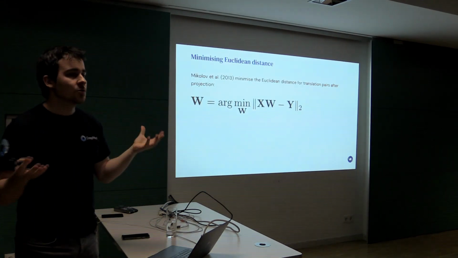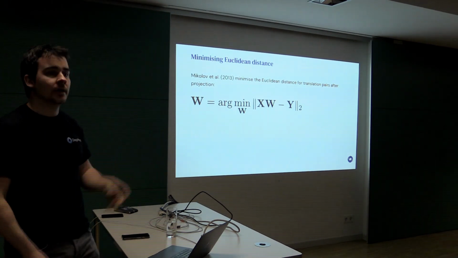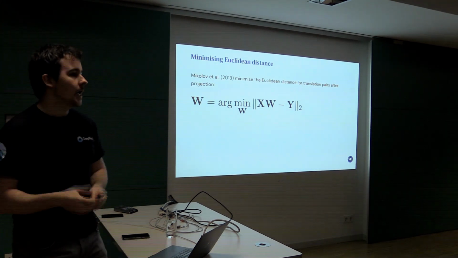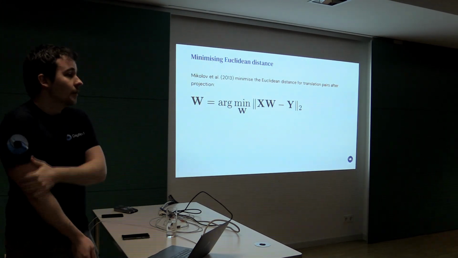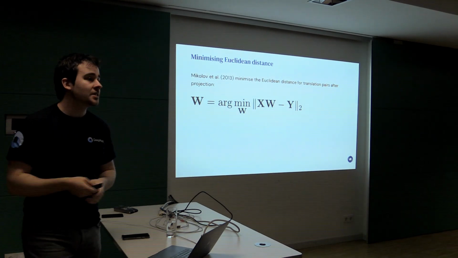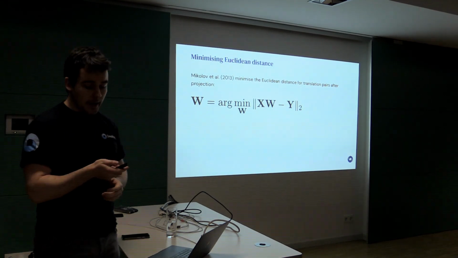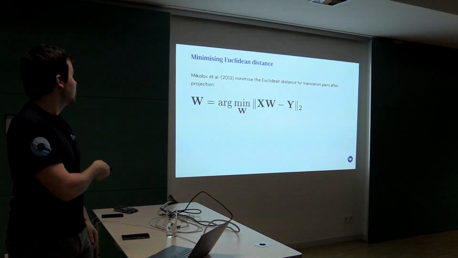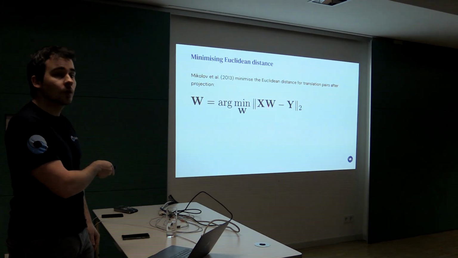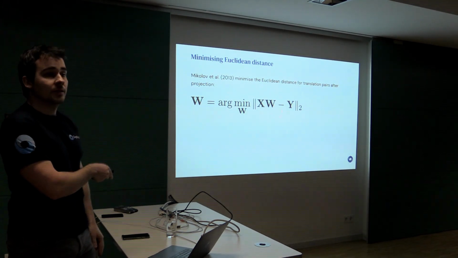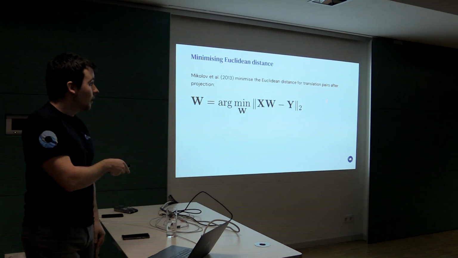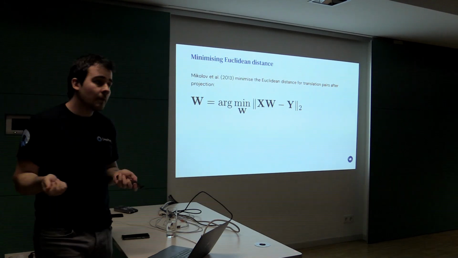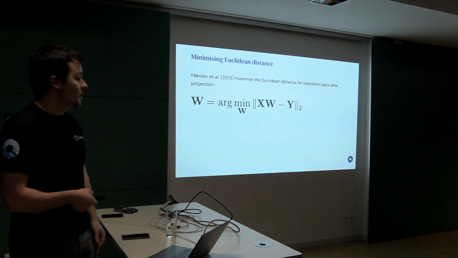As you would assume, the first method that proposed a way to solve this did so in perhaps the most obvious way, by casting this as an optimization problem and trying to minimize the squared distance between the projected embedding space, so here our source word embedding space transformed with our linear transformation matrix, and the original target embedding space, given some number of translation pairs in both languages.